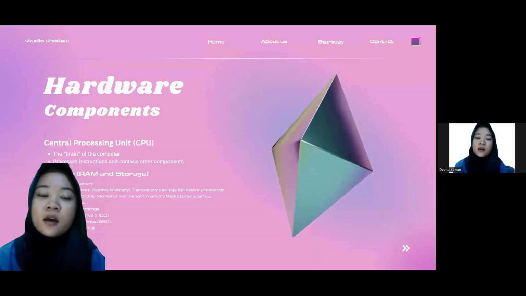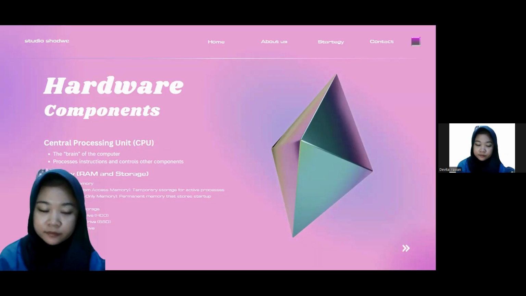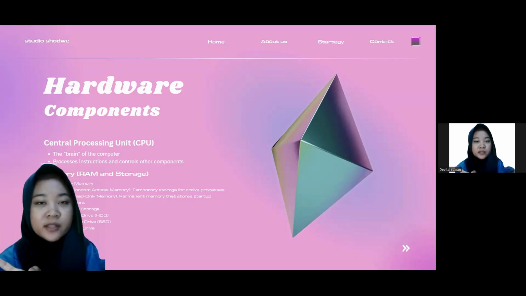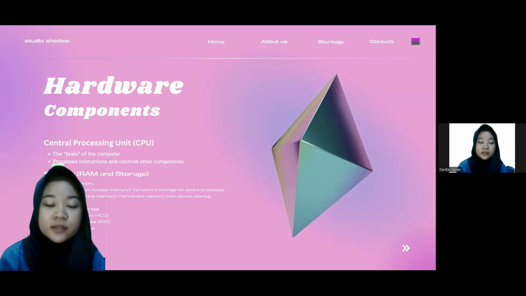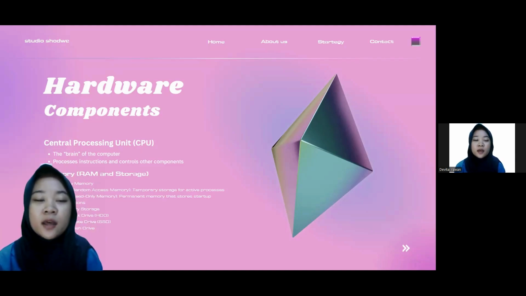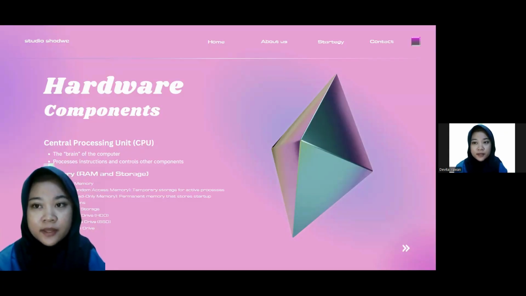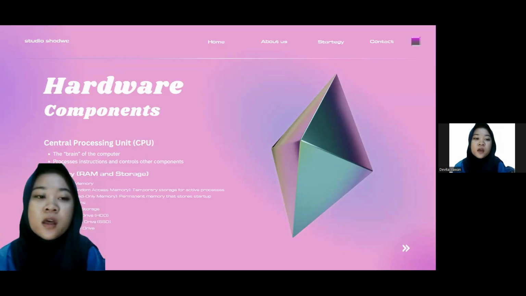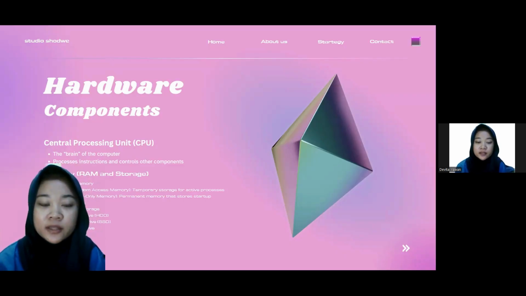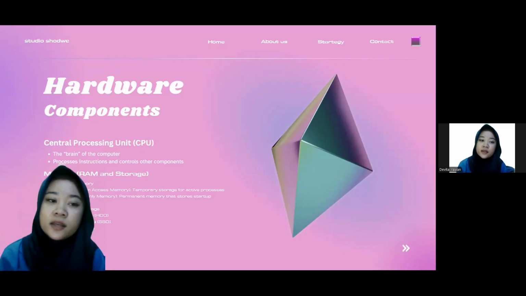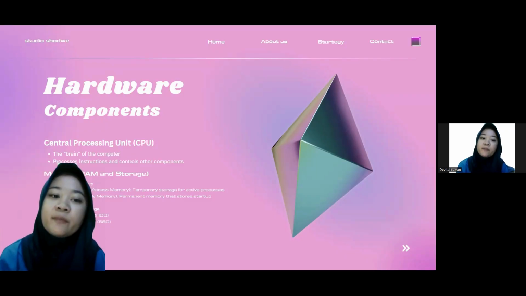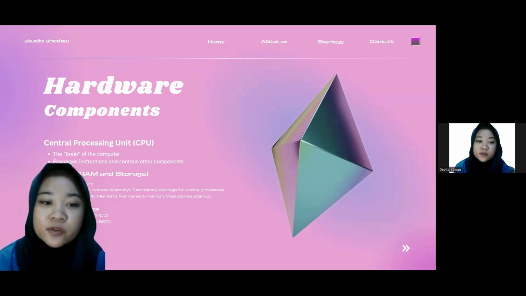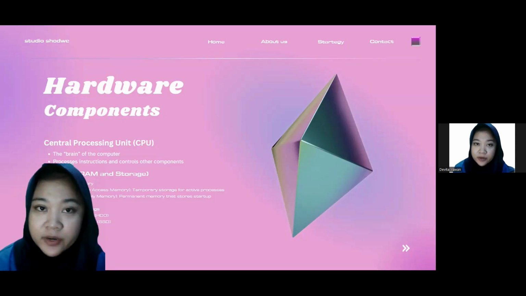Next slide, we have hardware components. There are several hardware components, and I chose a few amongst many to explain. The first, we have the central processing unit or CPU, the brain of the computer, which processes instructions and controls other components.